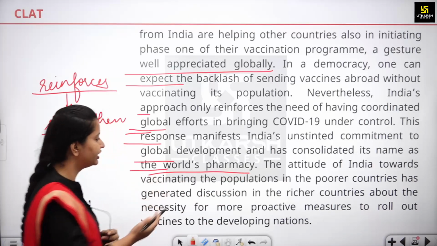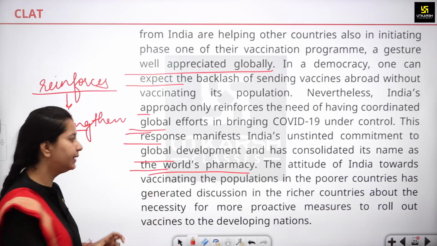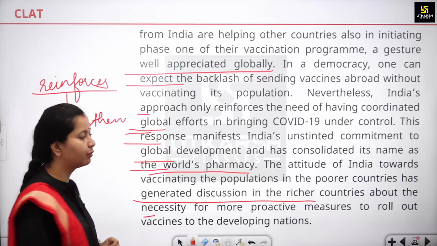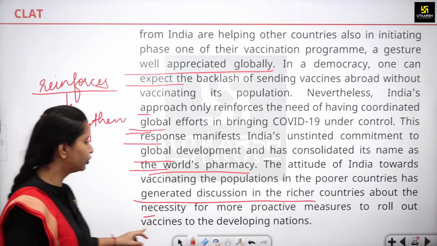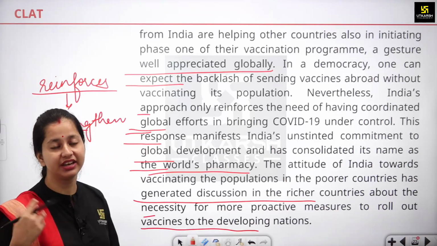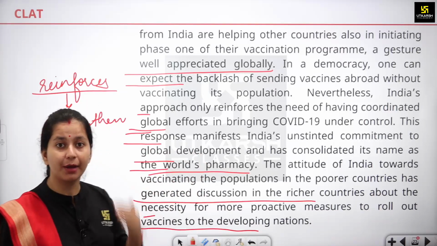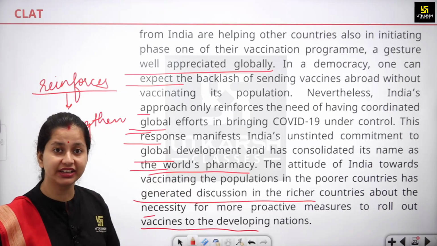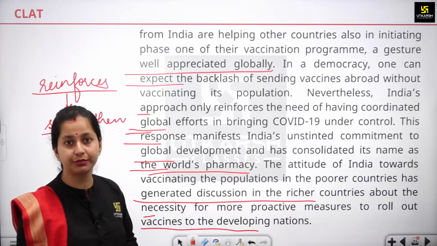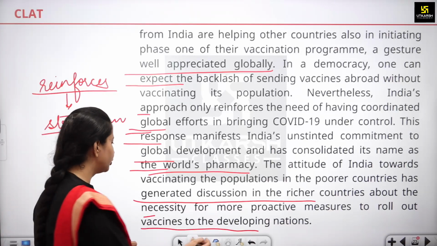The attitude of India towards vaccinating the populations in the poorer countries has generated discussion in the richer countries about the necessity for more proactive measures to roll out vaccine for the developing countries. So India was basically the initiator here that has led to discussion among the richer, developed countries that they need to have proactive measures, passionately active or energetic measures, to roll out vaccine.